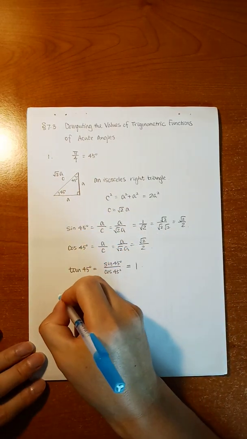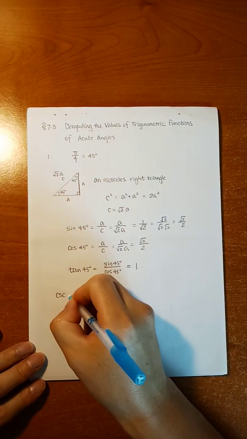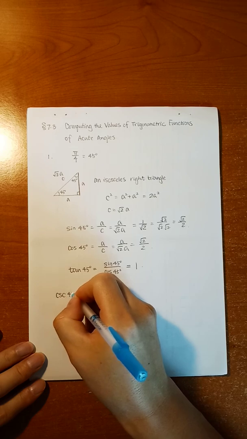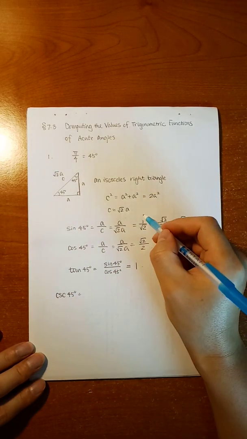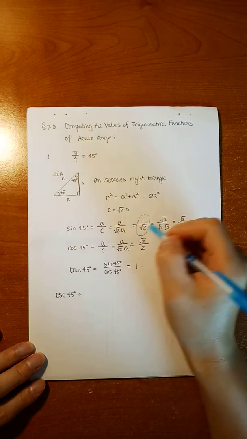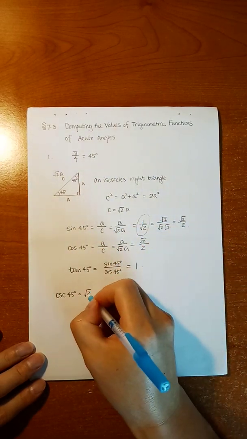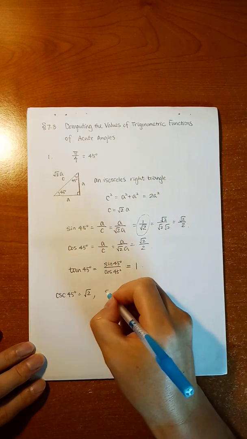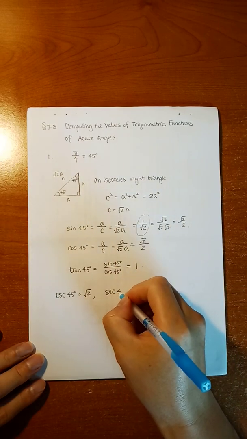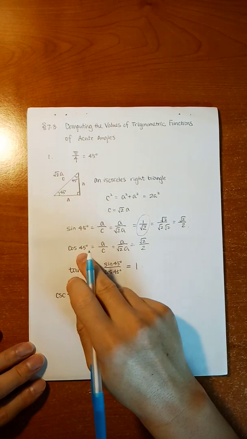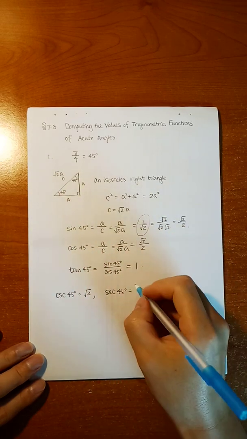Other three will be cosecant 45. For cosecant 45, we're going to use this formula. Sine 45 is 1 over square root of 2. Then cosecant is the reciprocal, it's the square root of 2. Secant 45 is 1 over cosine. It's the same thing, square root of 2.